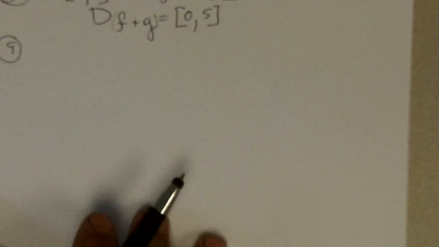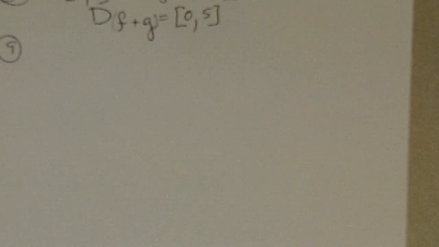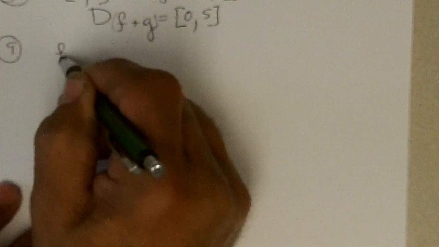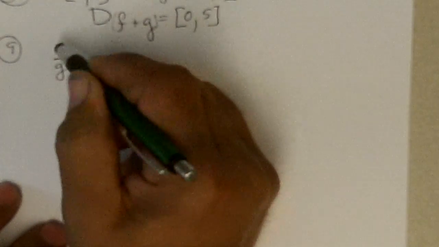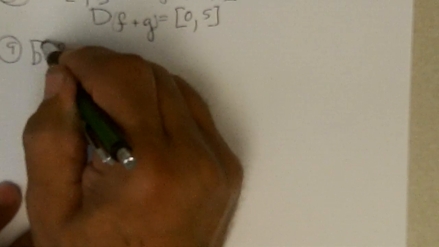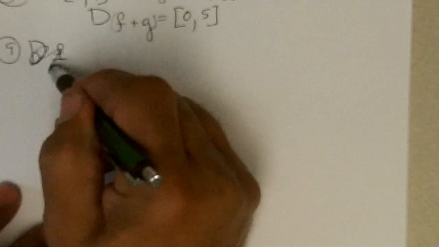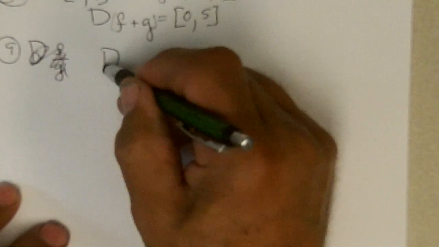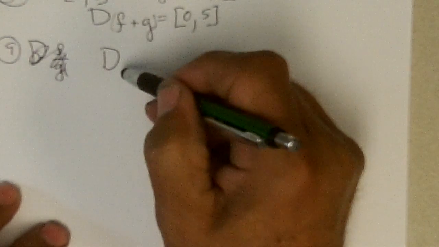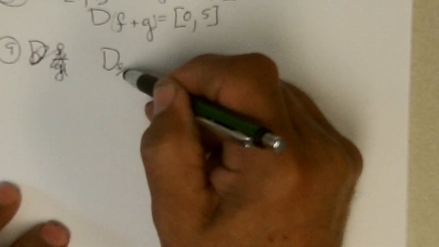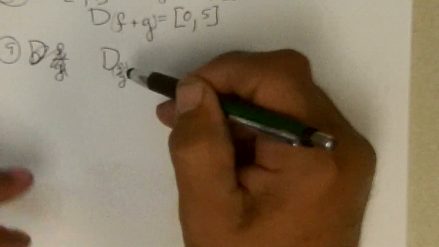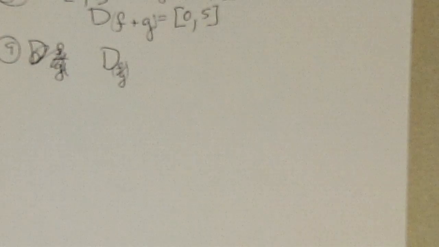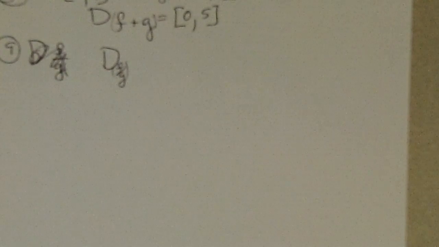9. So the domain of f divided by g, let's make this clear. I'm using a capital D for the domain, and then f divided by g as a subscript, to say the domain of what.